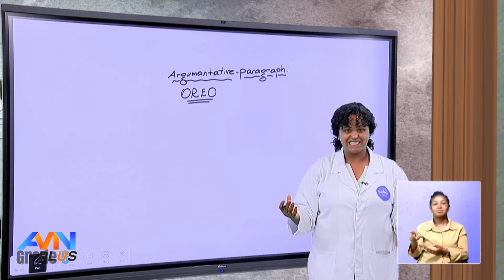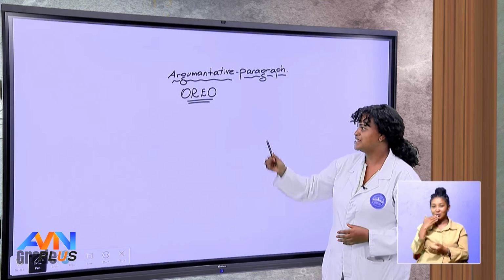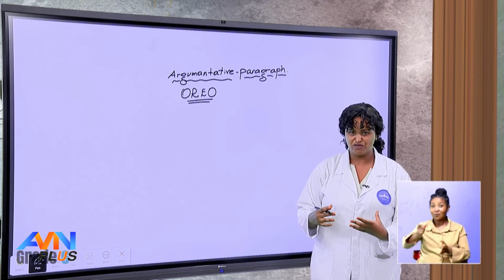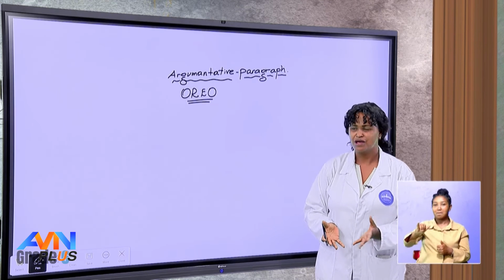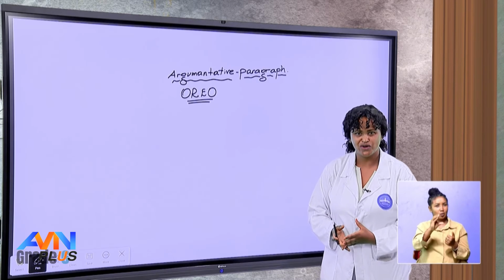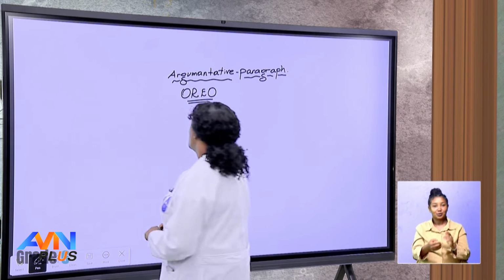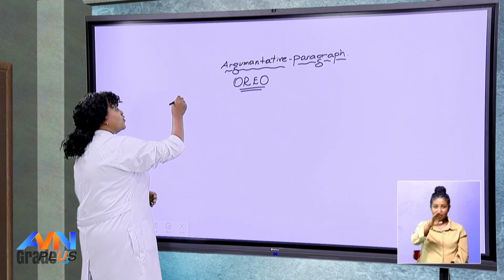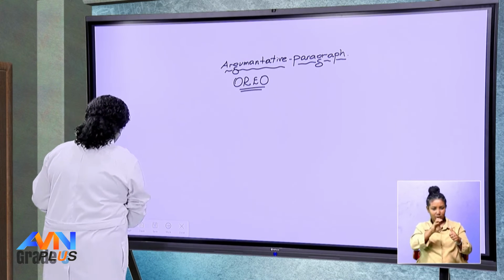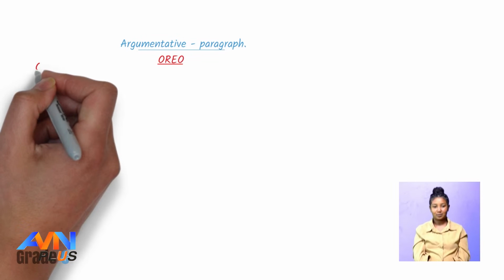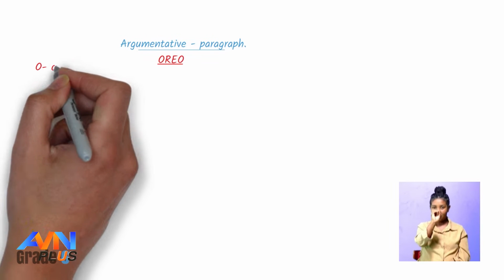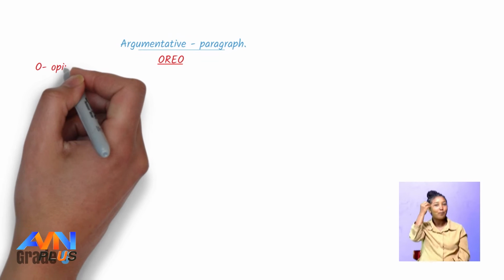They are very delicious, yes? Good. And this technique of writing argumentative paragraph is delicious like the Oreo biscuit. But what do we mean when we say Oreo? Let me show you. Oreo. Let's begin with O. Let's make it here because we're going to see some example. Oreo. O. O means opinion.